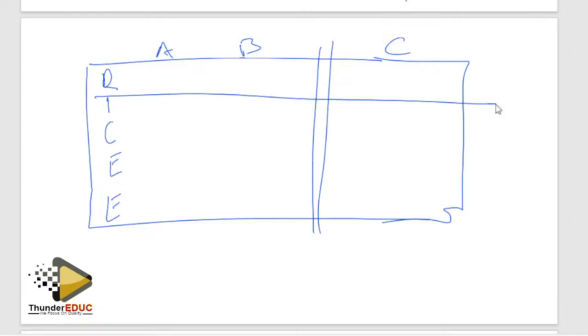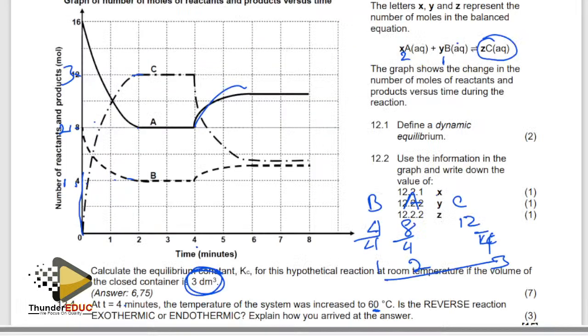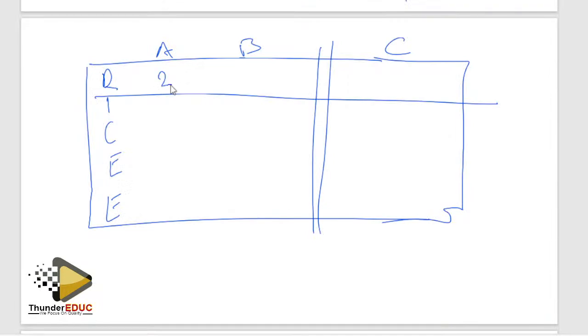In the mole ratio, we say that A is 2, B is 1, and then C is 3.